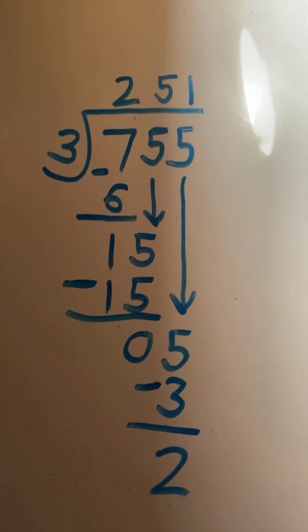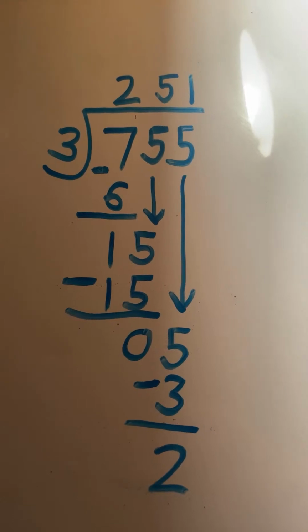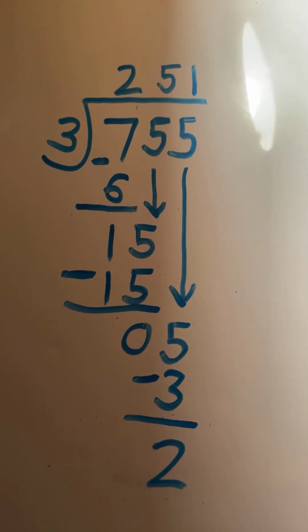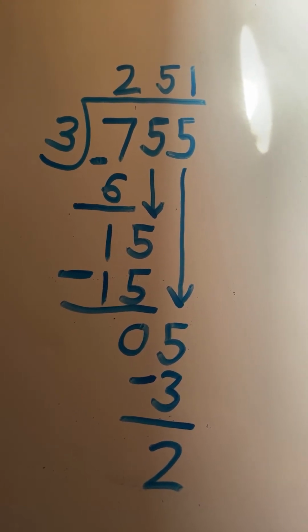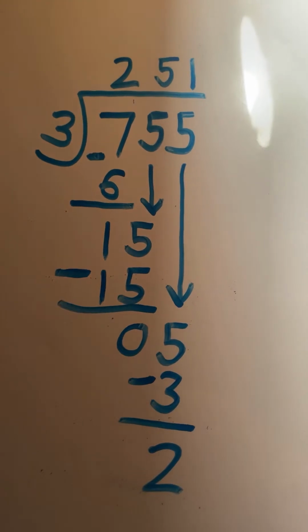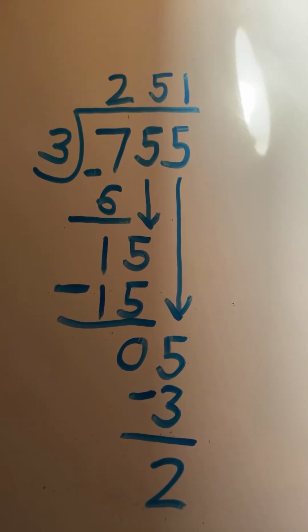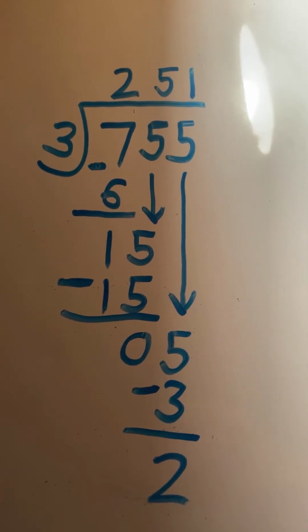So now I'm going to go over how to convert this to a mixed number. When we divide and there's a remainder left and we don't end up with a whole number answer, here's how we go about finding our mixed number. The number we're dividing by is our denominator.